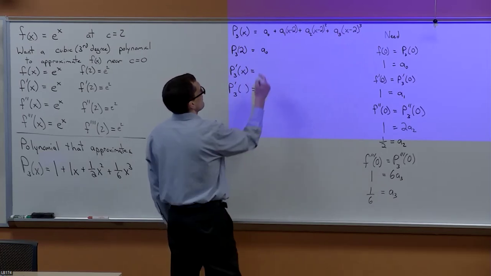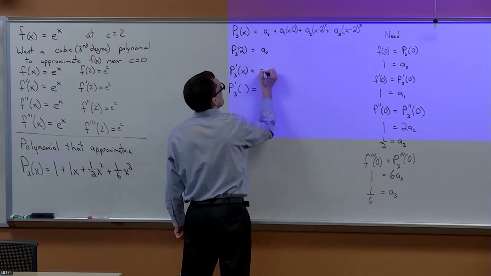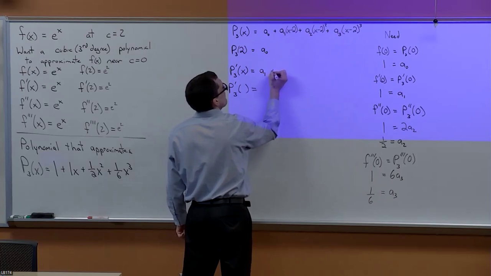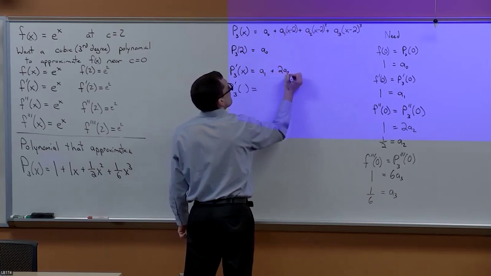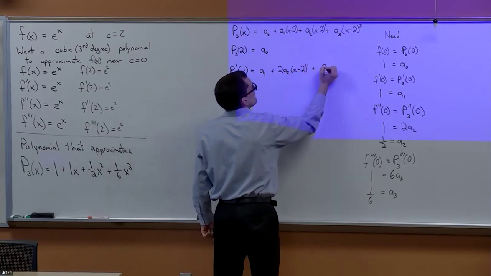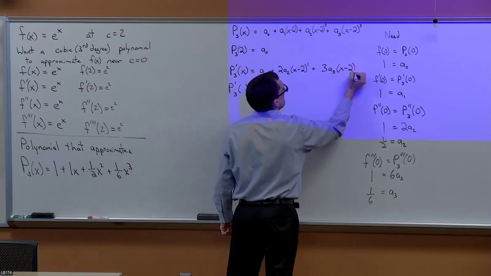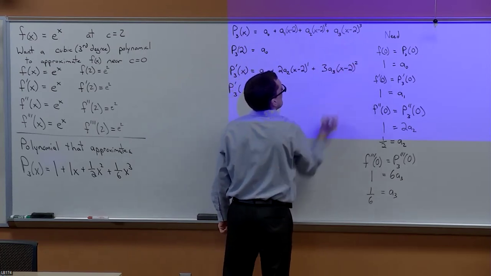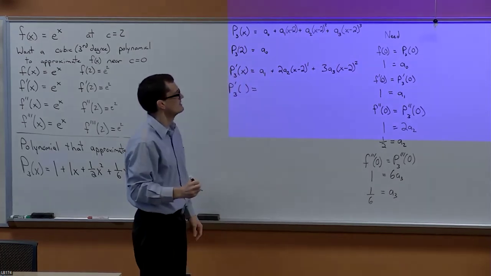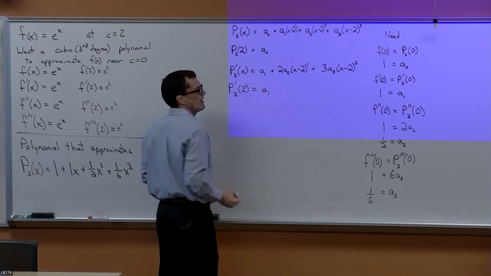And then if I take a derivative, this goes away. This just becomes a1 plus 2a2 times x minus 2 to the first plus 3a3 times x minus 2 squared. And then you plug in a 2 to that, and you get a1.